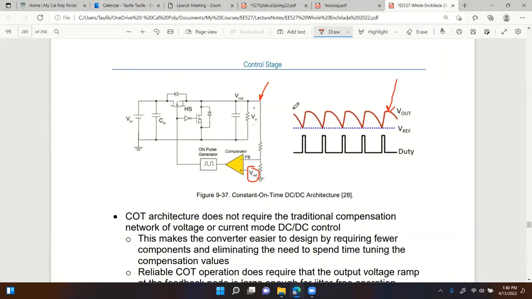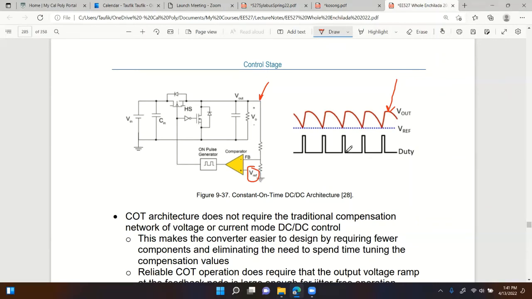As it's discharging, the output voltage also goes down as the inductor current goes down. As it goes down, it finally reaches this threshold voltage, which is defined by that Vref. Then when it hits that limit, it triggers this pulse generator. Boom, it goes out and says, hey, create a pulse. That pulse is the reason why it's called constant on-time. Can you guess?